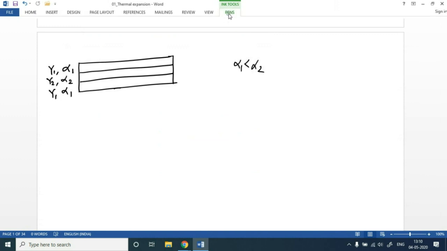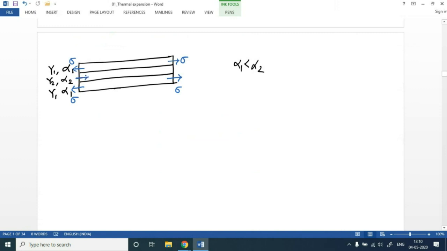Let's try to do it this way. Say the outer one tries to expand less, so the inner material will exert some thermal stress on it. Let's say sigma and sigma, and similarly it will also experience elongative stress, or tensile stress, sigma and sigma.